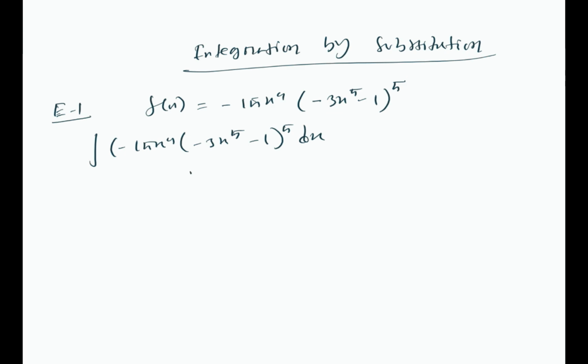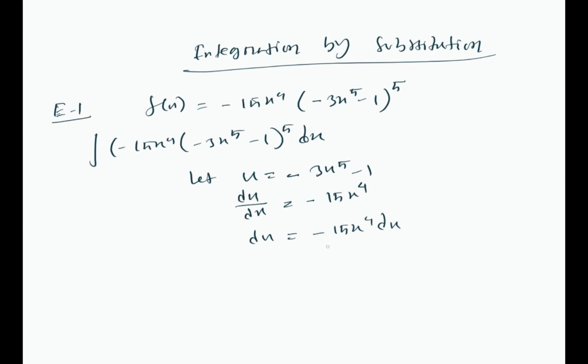So let u is equal to minus 3x to the power 5 minus 1, and therefore du dx is equal to minus 3 times 5, minus 15x to the power 5 minus 1, which is 4. Okay, so du is equal to minus 15x to the power 4 dx.